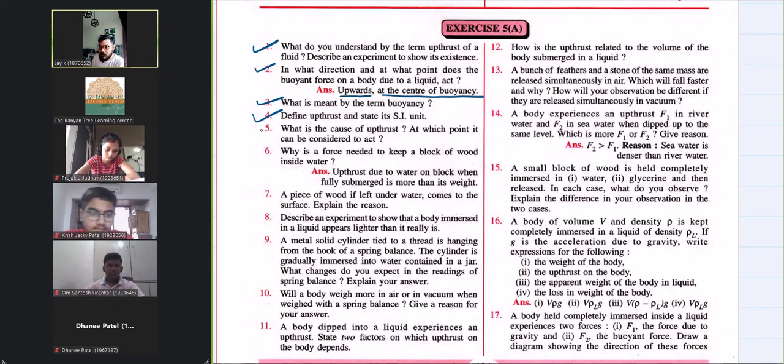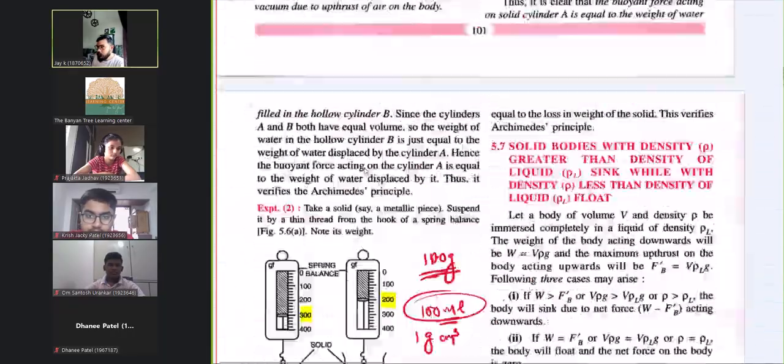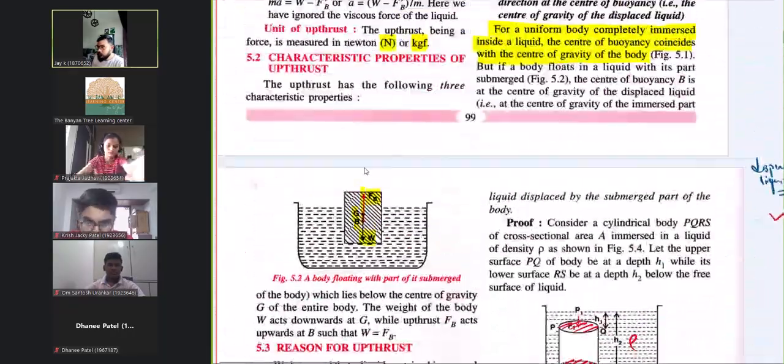Next is, what is the cause of upthrust? At which point can it be considered to act? We just understood about the cause of upthrust in the beginning paragraph, and I also discussed the explanation.